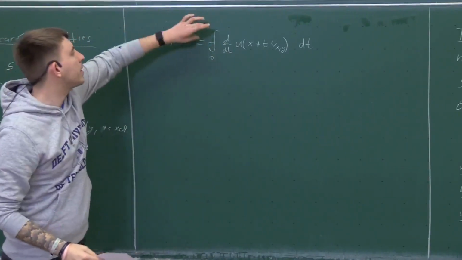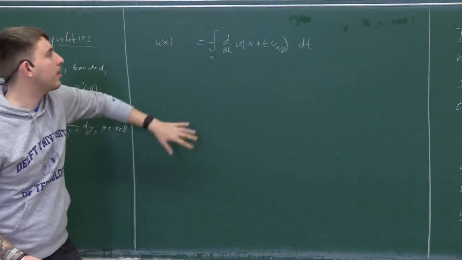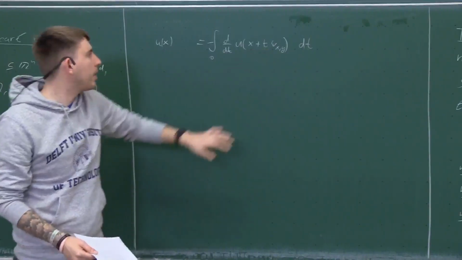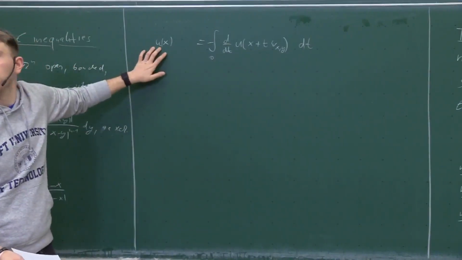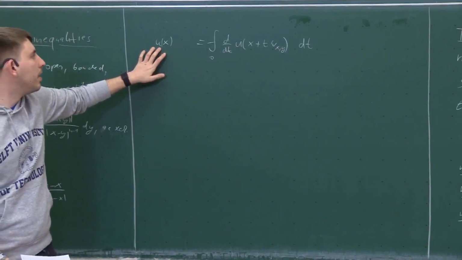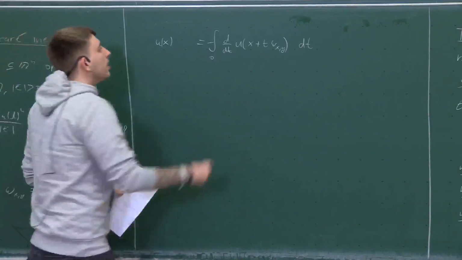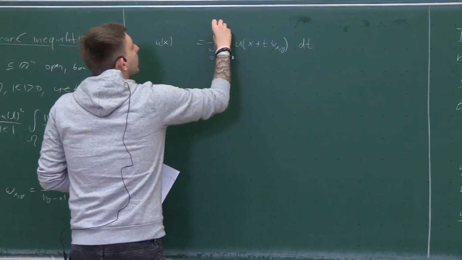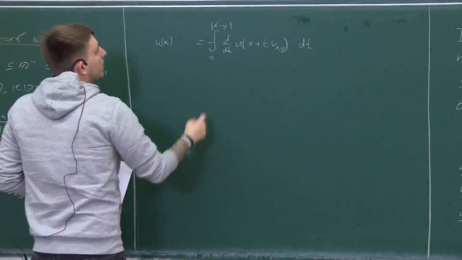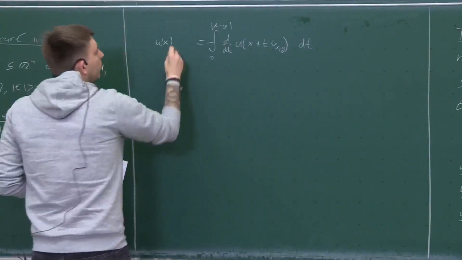There we took as the endpoint infinity, we made it so large that this point will lie outside the support, and then it's 0, so we just get the lower endpoint from the one-dimensional fundamental theorem of calculus and no endpoint. Here we don't have this vanishing endpoint, so instead I will write here an integral over |x minus y|, and when you evaluate this at the endpoint, you will just recover here u(y).